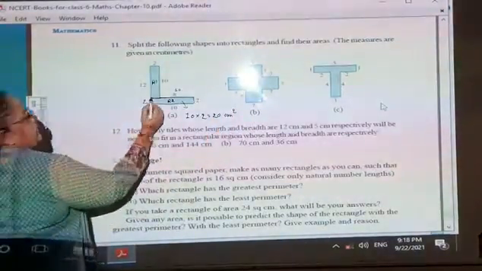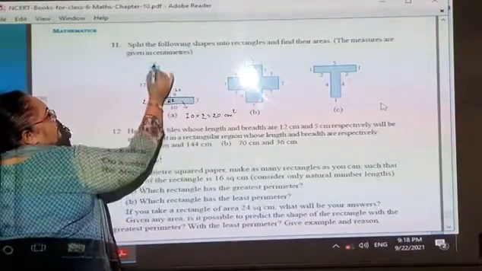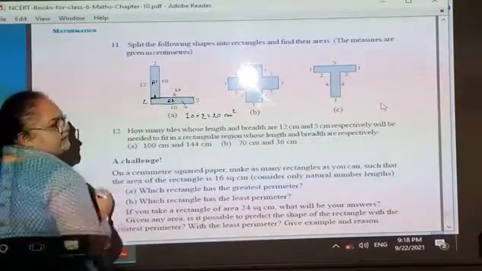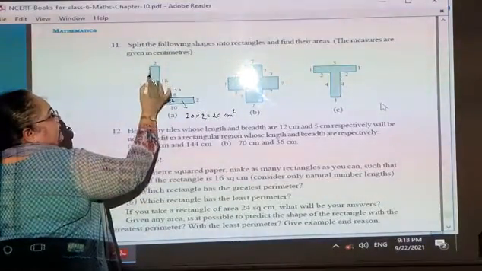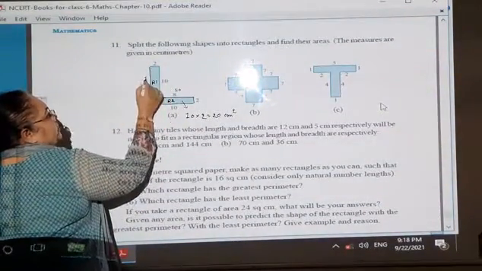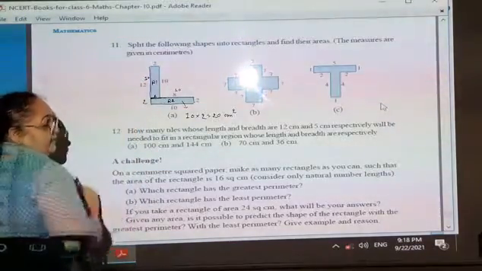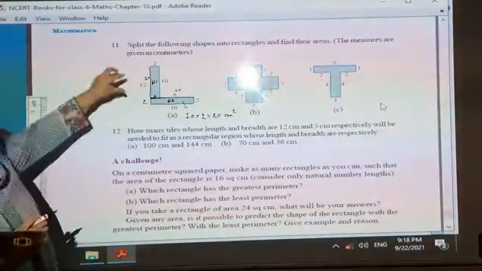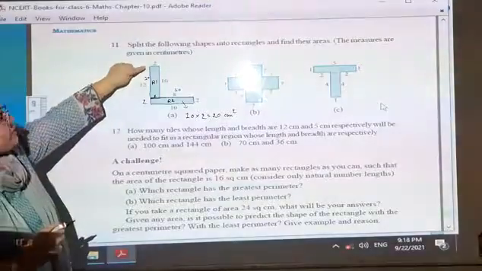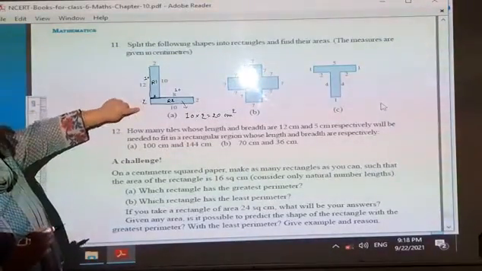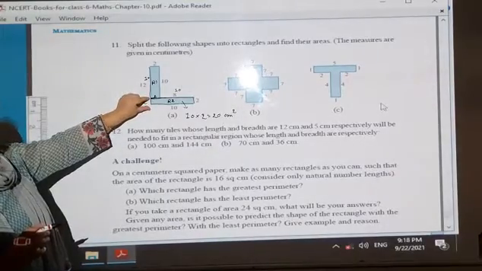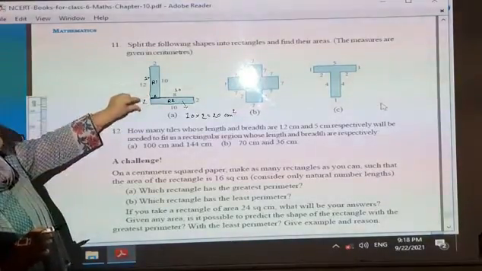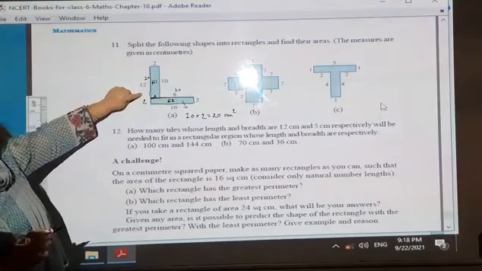And about this rectangle 1: this is 2, so this opposite side is also 2. This one is 10. Another way, if you want to understand the length of this side: it is total 12. See, total 12, from 12, 2 is deducted, so 12 minus 2 also comes to 10.